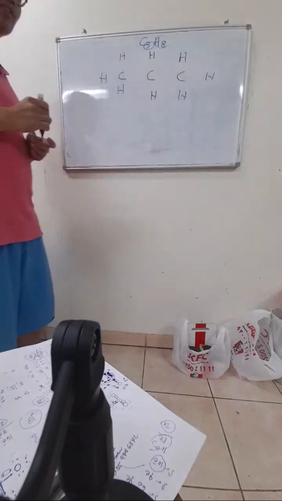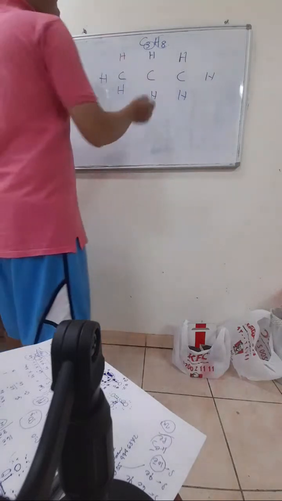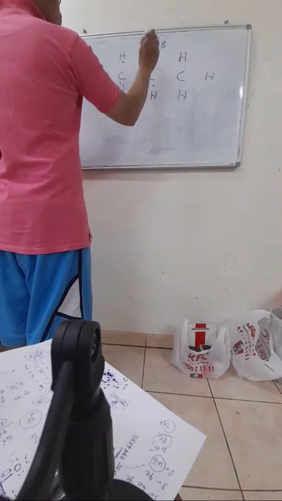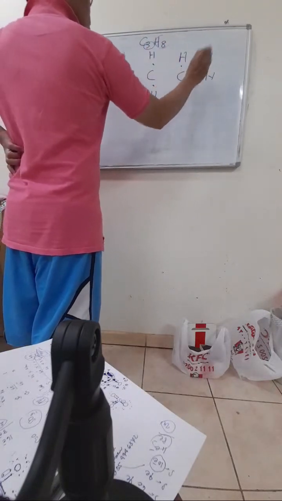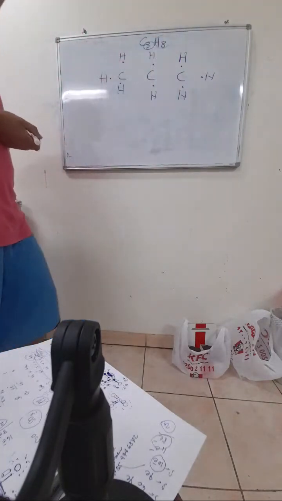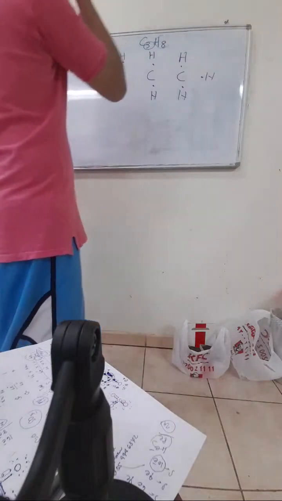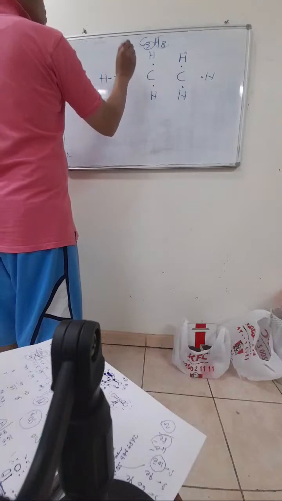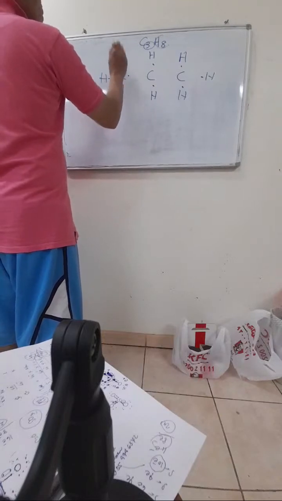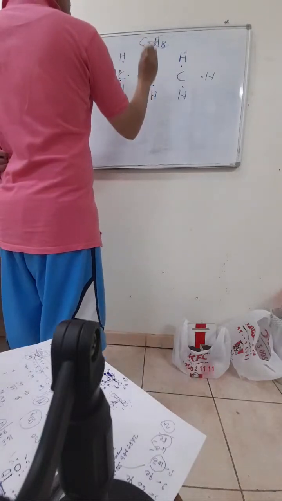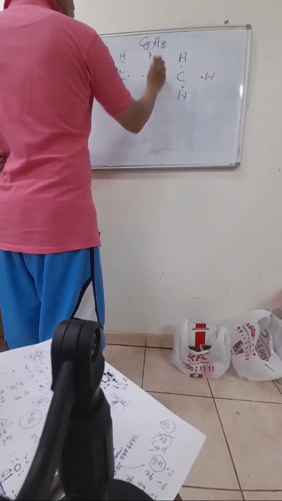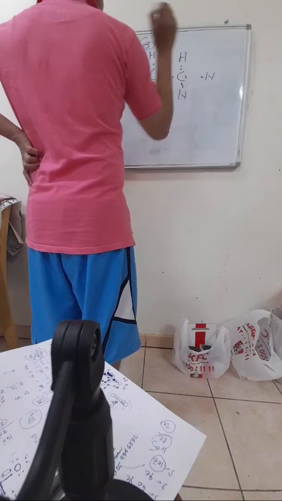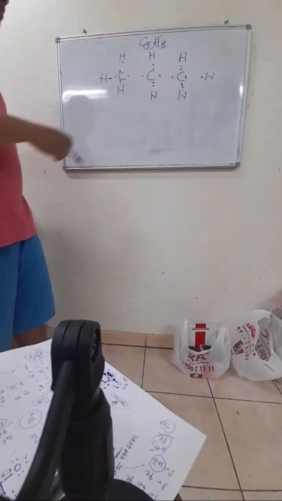Hydrogen has 1 valence electron each, and the dots represent the valence electrons. Now carbon has 4, right? 1, 2, 3, 4, for each carbon. Now the third step, connect.